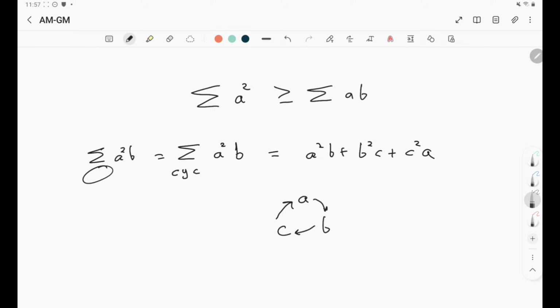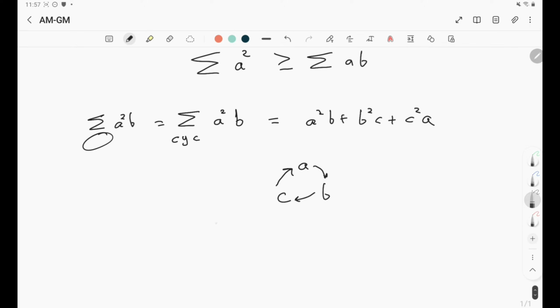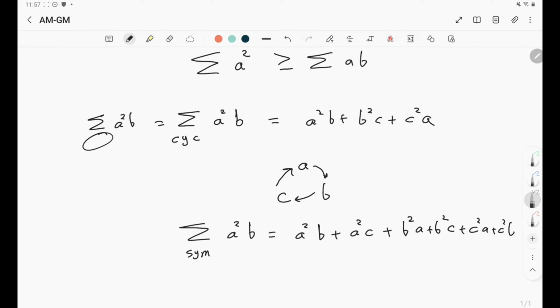Okay, then what is actually a symmetric sum? Well, a symmetric sum is something different. If I write something like this, then it's not cyclic anymore. Now I'll be using all different combinations. So now a square b plus a square c. I'll be using everything. I'm not just going around this circle. So a square b, a square c, b square a, b square c, c square a, c square b.